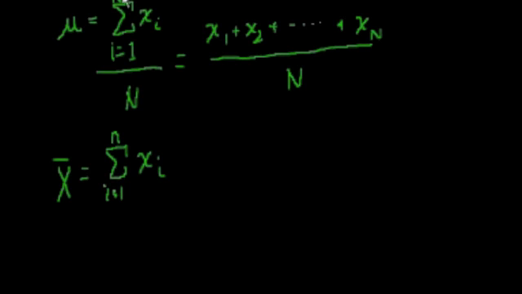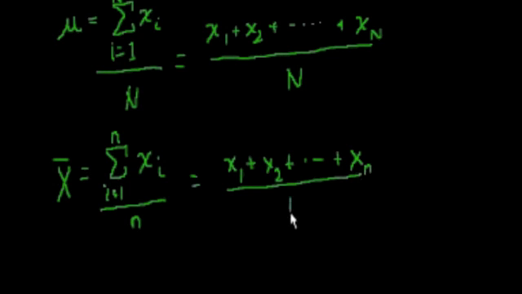There are big N elements in the whole population, and if you took some subset of that, we're assuming that small n is less than or equal to big N. And anyway, you divide that by the total number of elements in the sample. So once again, this would be x1 plus x2 plus ... plus x lowercase n, divided by lowercase n.